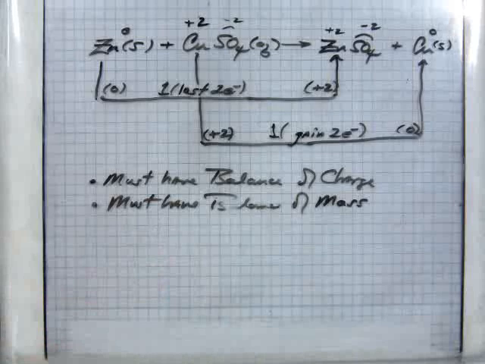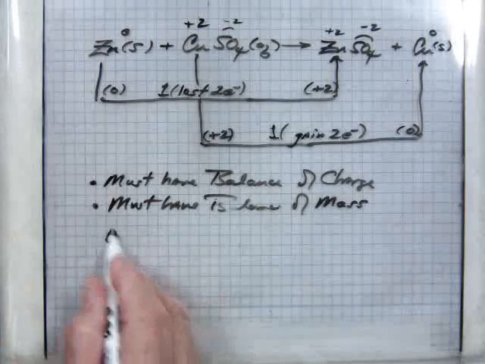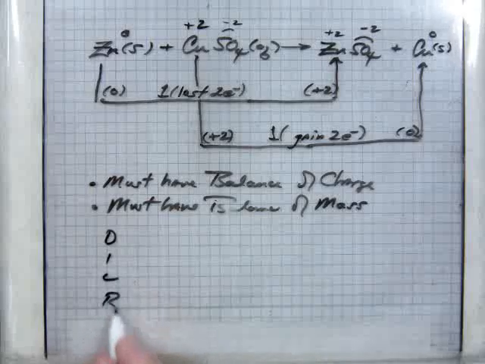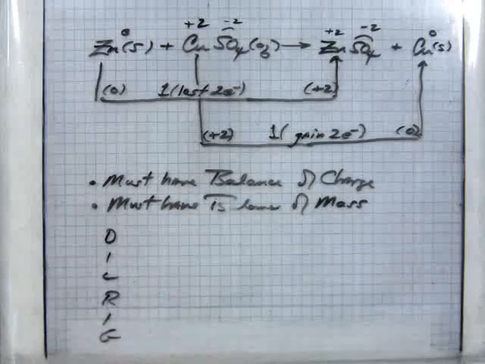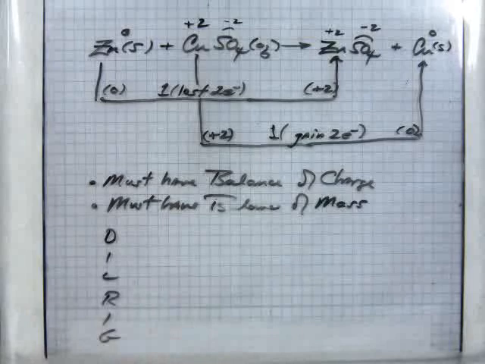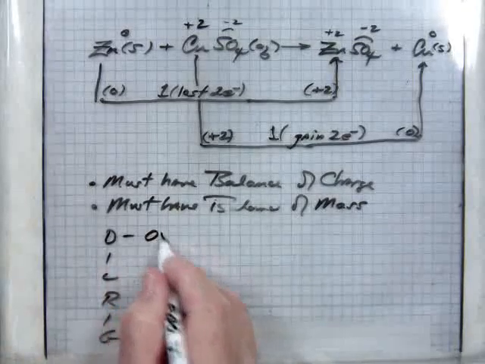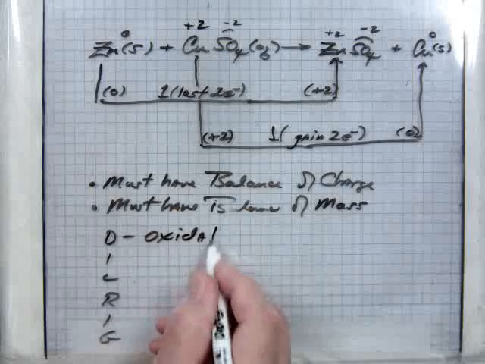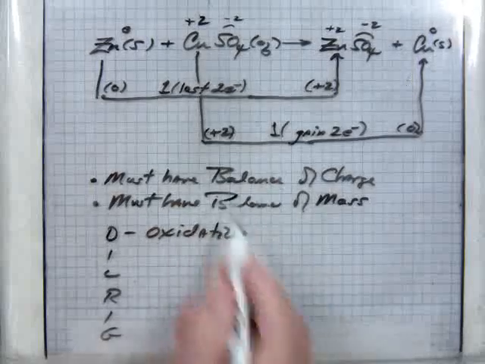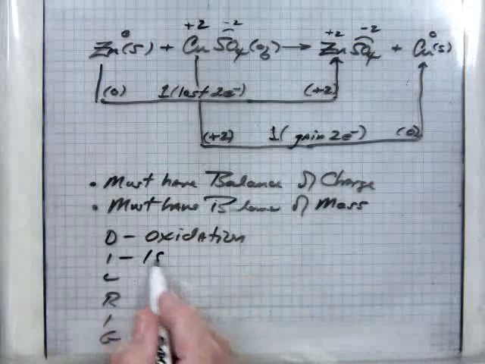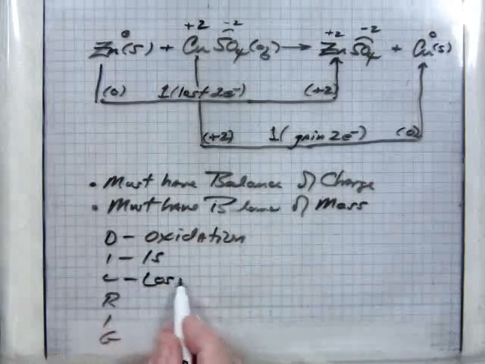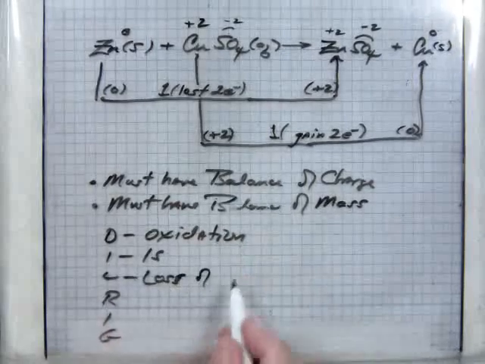There's an easy way to remember it, and again, another one of my acronyms, OIL RIG, to remember your oxidation reduction. Oxidation is loss of electrons.